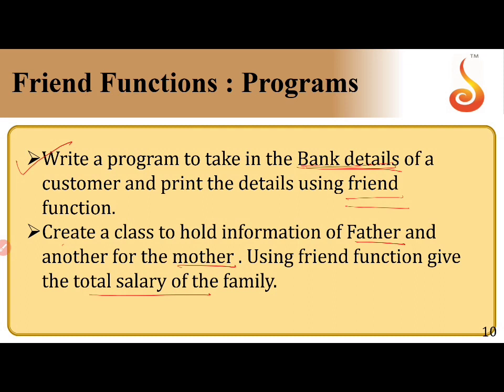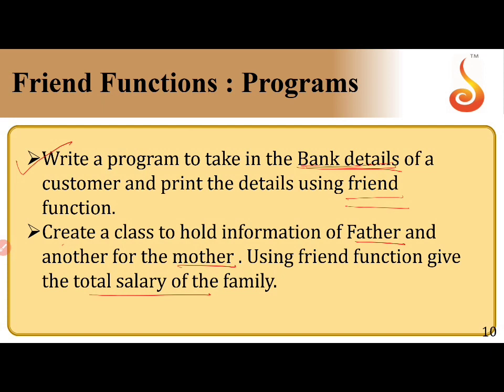So how would I do that? Like, how will I declare a function as a friend to both, and how will I access that? We'll do it now. Hopefully you have understood the statement of the program.